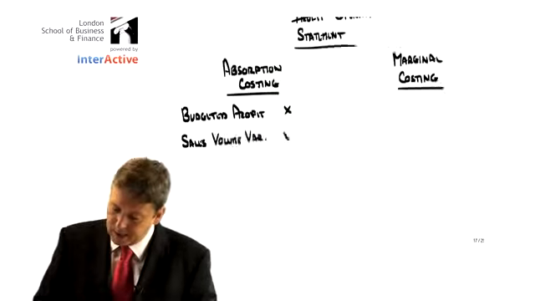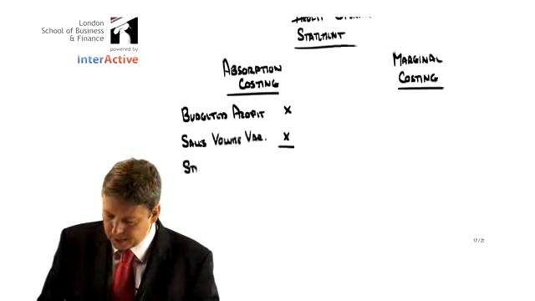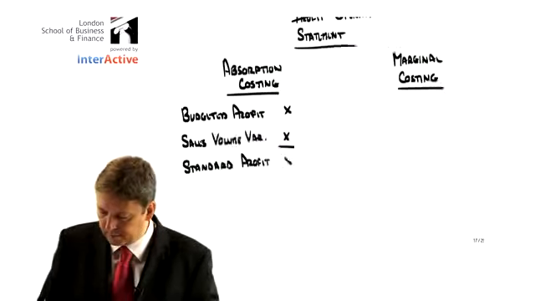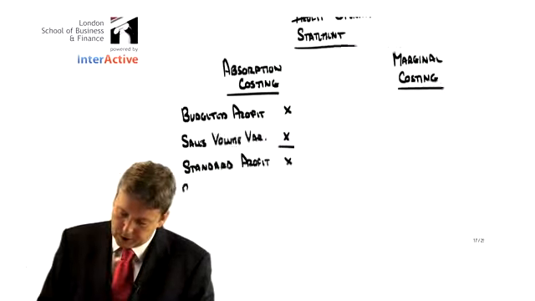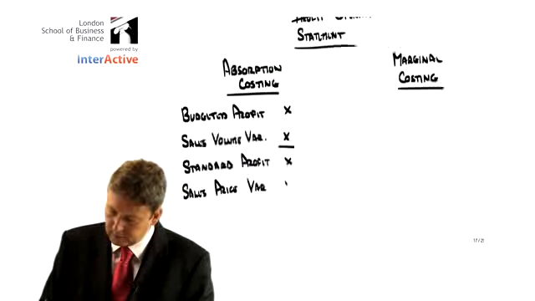As such, we would add or subtract the sales volume variance to get our standard profit. That is the profit at the actual level of activity. Once we have that, then we introduce our sales price variance, and that gives us a subtotal.